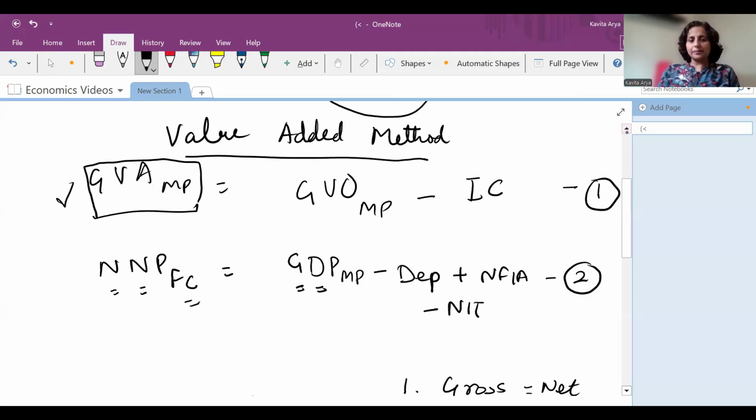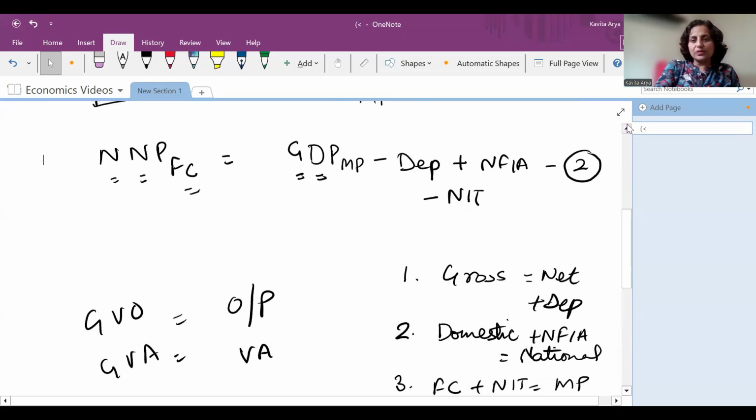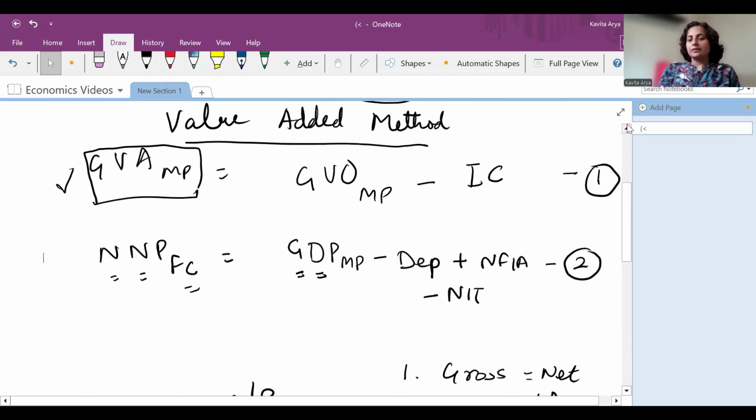And the second stage is very simple, that we have learned in the third subpart of this chapter, which simply deals with the conversions of the 8 income aggregates, and all those 8 income aggregates can be converted into each other using these 3 equations, as has already been introduced previously. So this way, by these 2 steps, we have the value of national income calculated for the value added method.